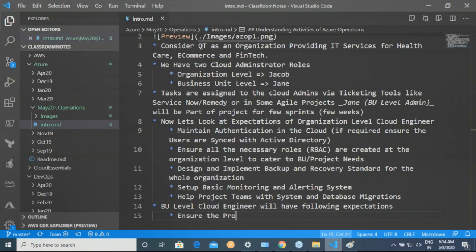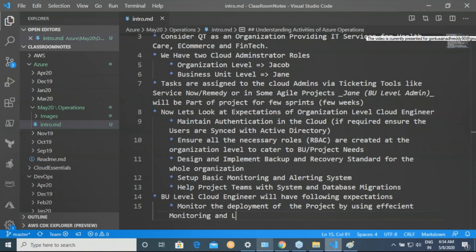Ensure the project is running. Monitor the deployment of the project by using an efficient monitoring and logging system.